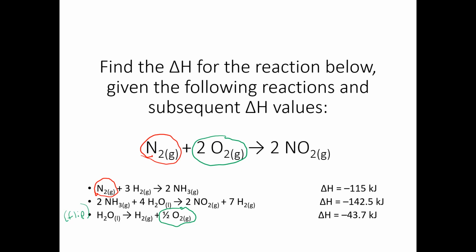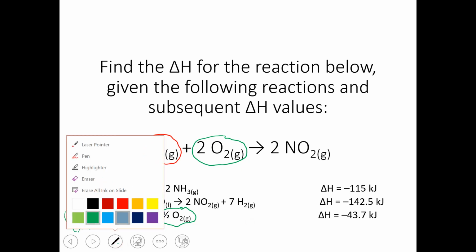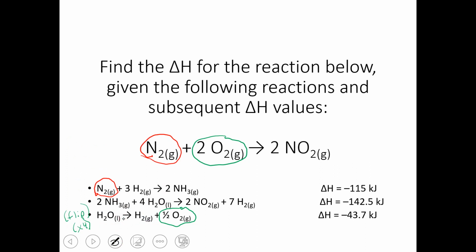So what we can do is we figure out what we multiply 1/2 by to get 2. And we would multiply that by 4, because half of 4 is 2. So we're going to have to flip this equation and multiply it by 4. Now before we start doing anything, let's go ahead and find 2NO2 and see if we need to do anything.